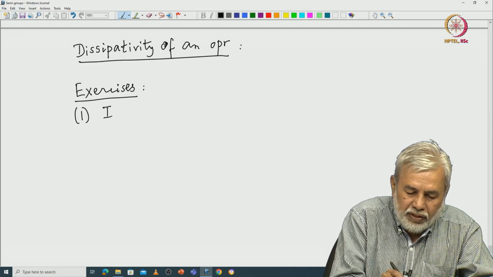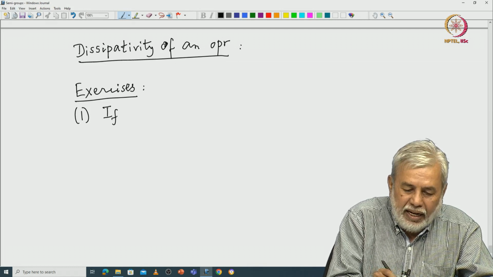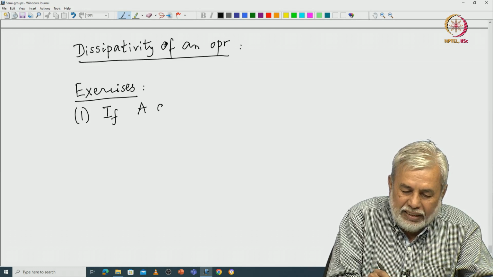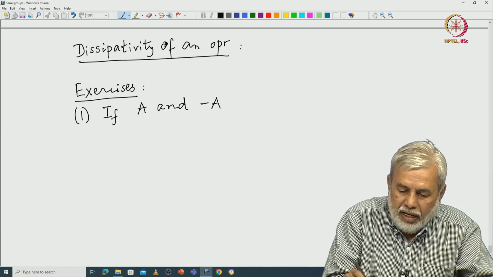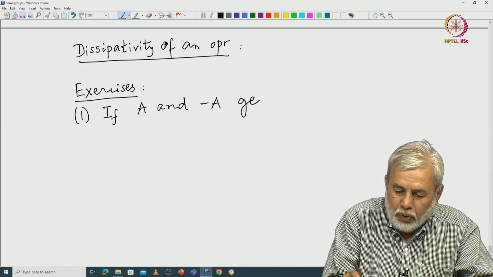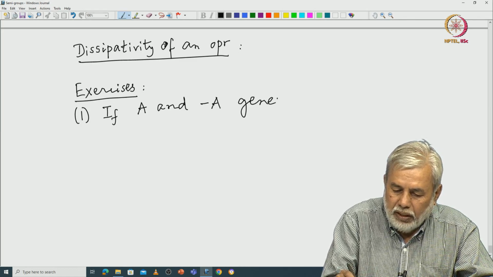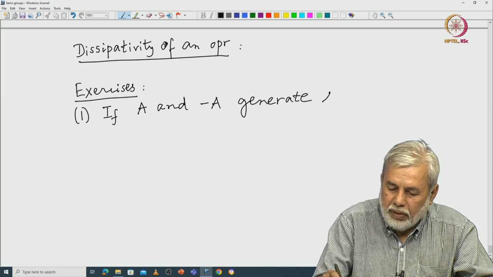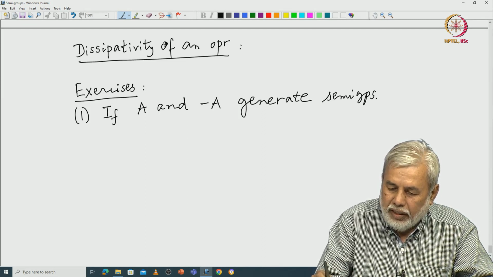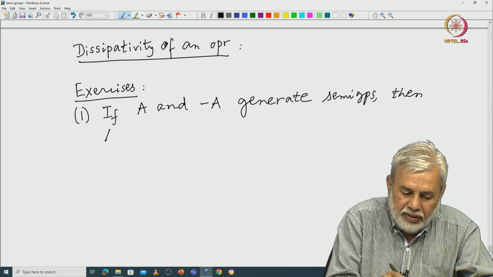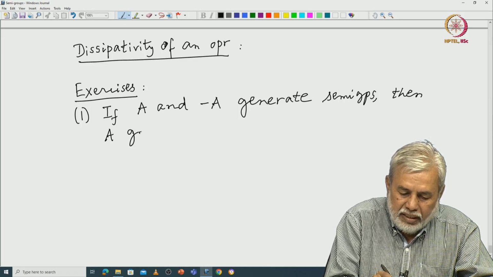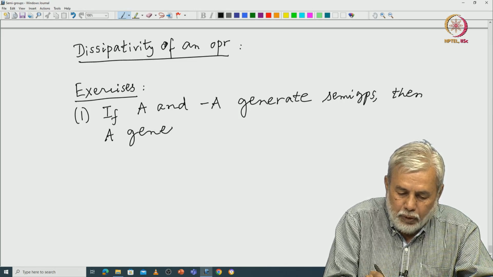So, if an operator A and minus A both generate semigroups, then A actually generates a group.